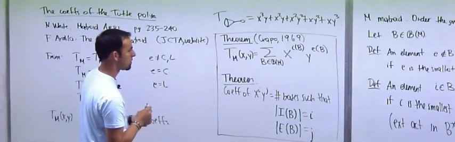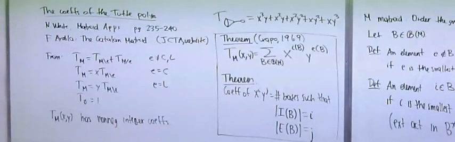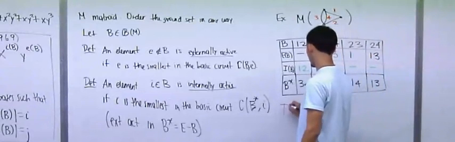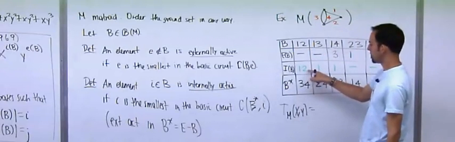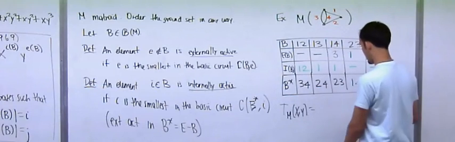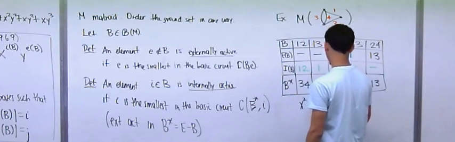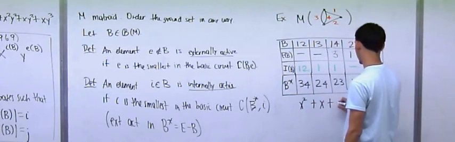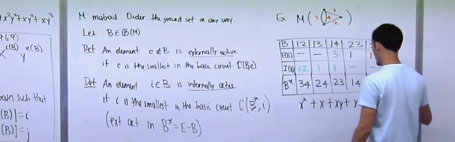Okay. So for example, what does this say? What this says is that we can compute this Tutte polynomial just by looking at this table. The Tutte polynomial of the matroid is, you take x to the number of guys here, y to the number of guys here. So you get x squared plus x plus xy plus y plus y squared.